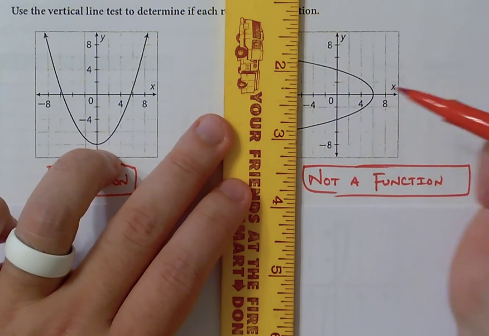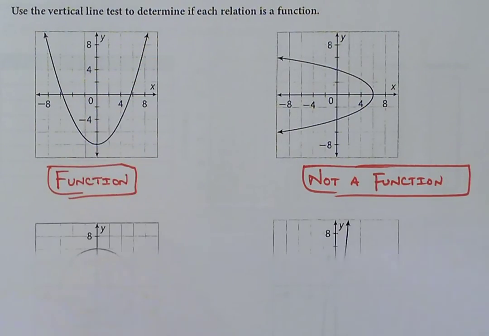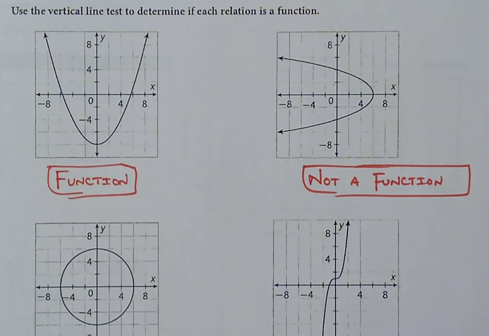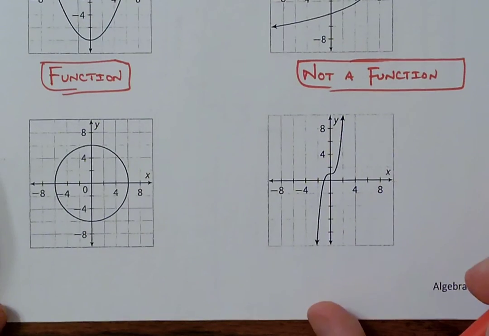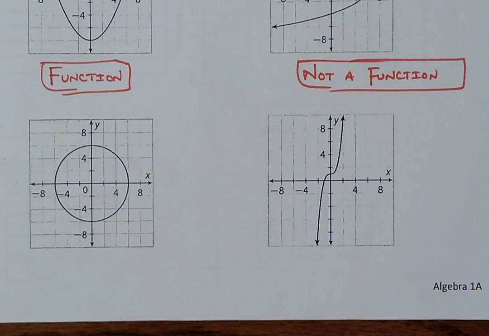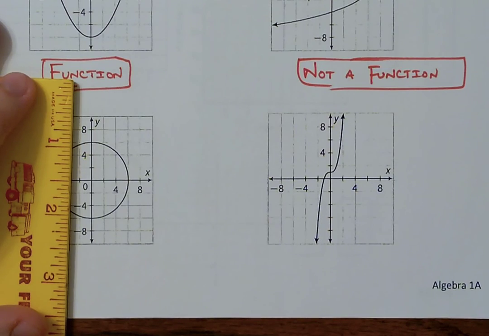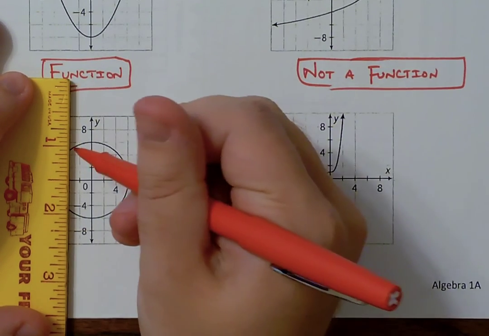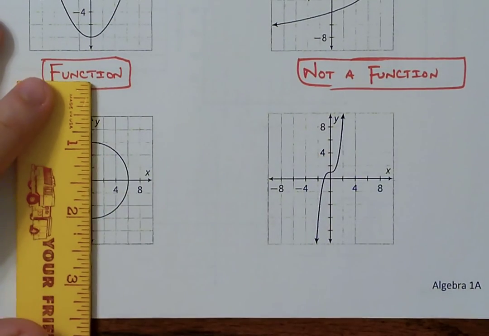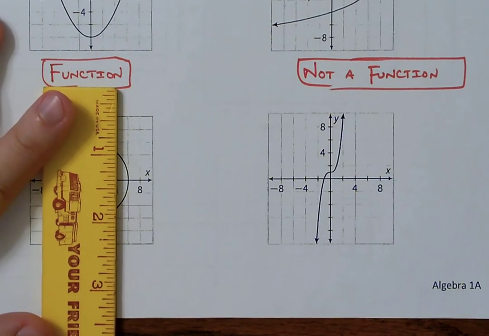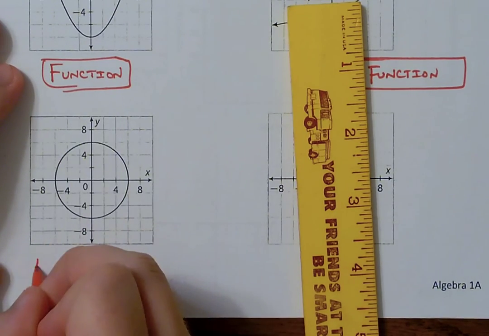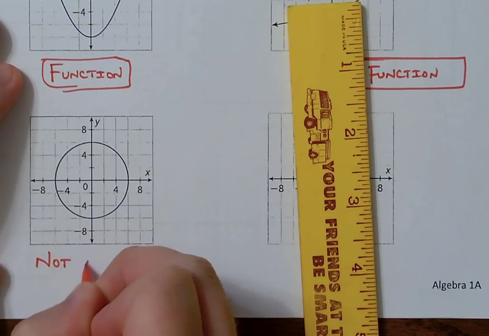All right, if we then do that for the last 2 parts, if we take our vertical line and move it straight across the circle, it is also going to fail the vertical line test because it touches here and here, and really throughout as we go across. So a circle is not a function.